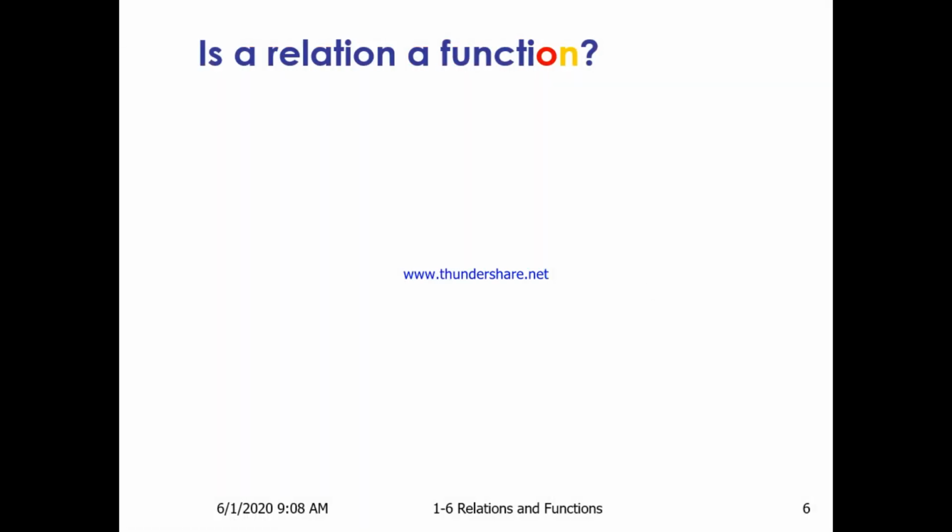Now, question: is a relation a function? What is therefore the difference between a relation and a function? As I've said, I'll go back to the definition of a relation. A relation is a set of ordered pairs, meaning there's no restriction, as long as it is a set of the domain and range. So what is therefore a function?